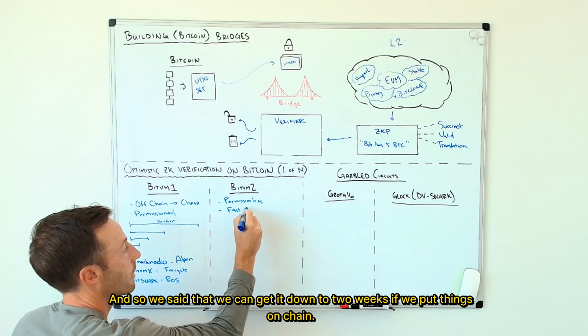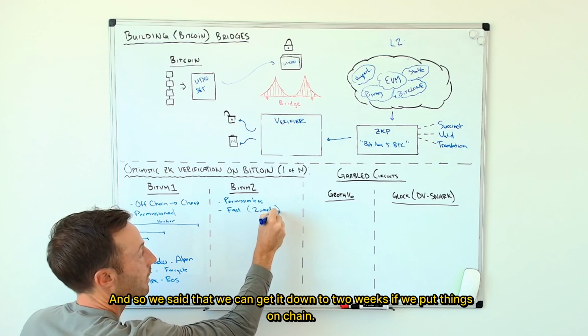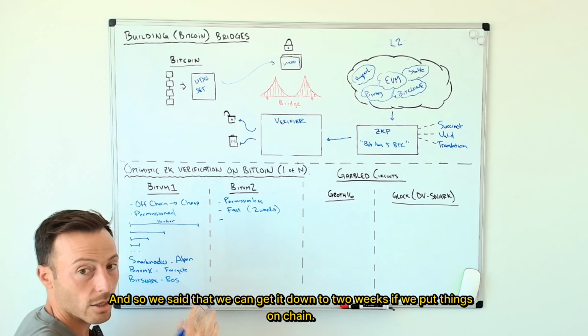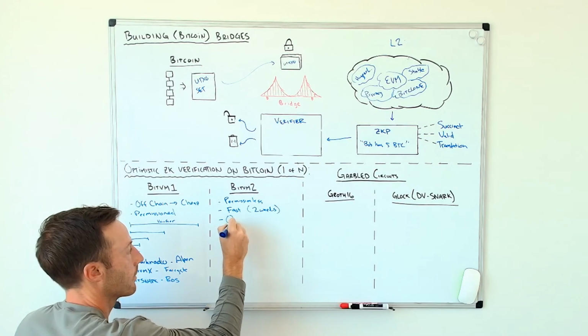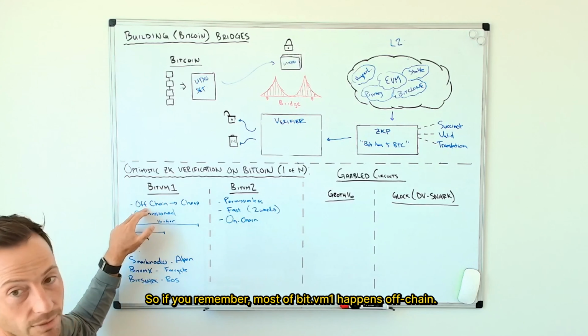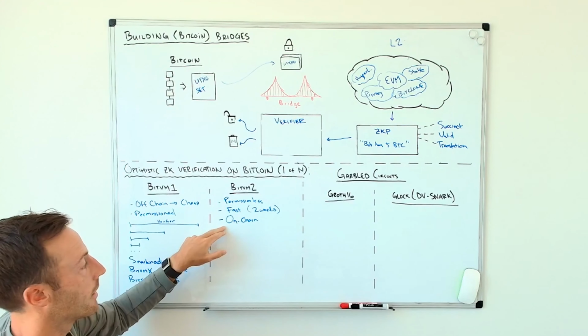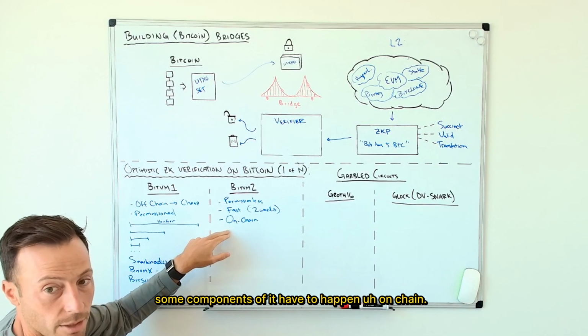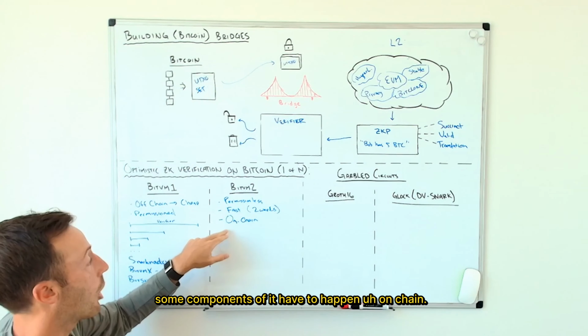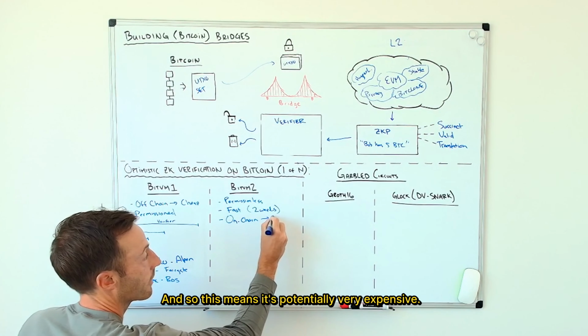And so we said that we can get it down to 2 weeks if we put things on chain. If you remember, most of BitVM 1 happens off chain. In BitVM 2, some components of it have to happen on chain. And so this means it's potentially very expensive.